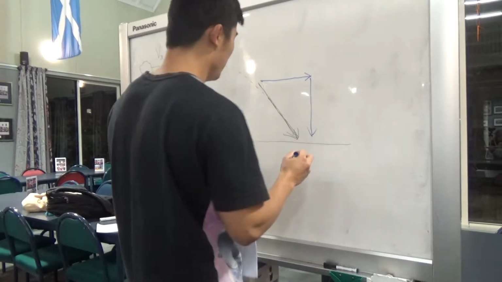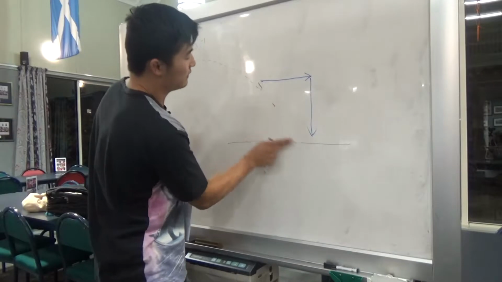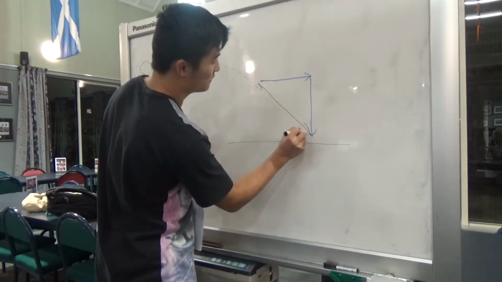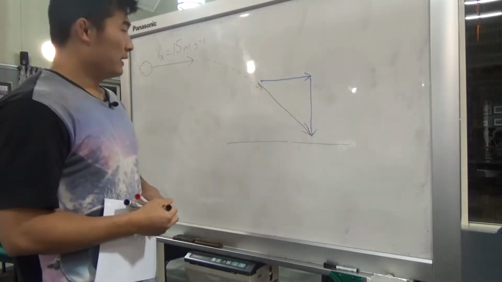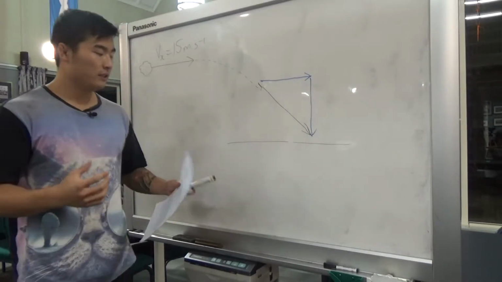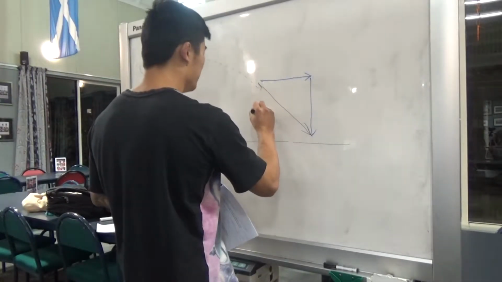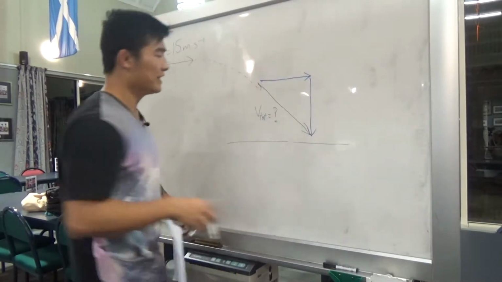Okay, and we want to know what this will be. The total, we'll call this V total, is equal to question mark.